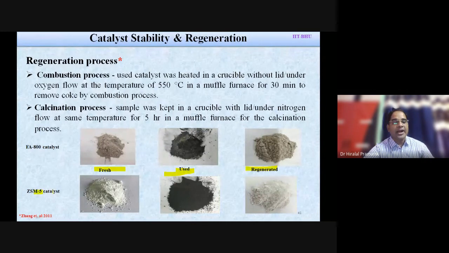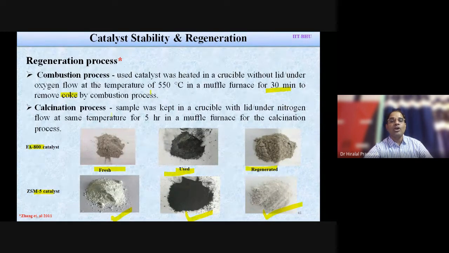So ZSM5 and FA800 catalyst, both catalysts we have compared. You can see the color. This is fresh, after regeneration we get this one, and this is the used one. How was it regenerated? At 550 degrees Celsius in a muffle furnace, it was burned to remove the coke, first for 30 minutes at 550, and then calcination was done, keeping it in a crucible under an inert atmosphere using nitrogen flow for 5 hours.